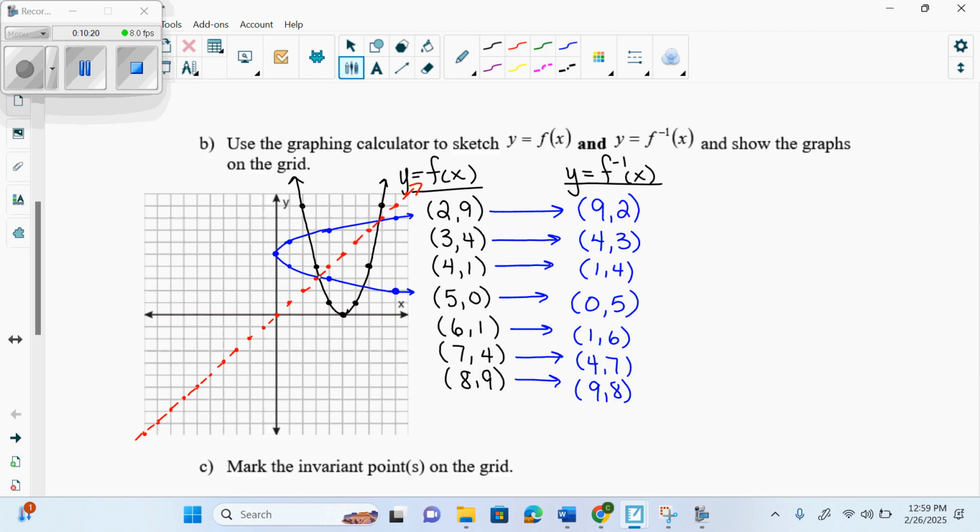So look, where do these two graphs cross? Here and here. They're invariant at those two spots because that's the identity line, correct? So this coordinate is invariant. And this coordinate is invariant.